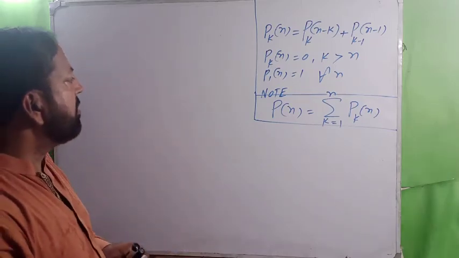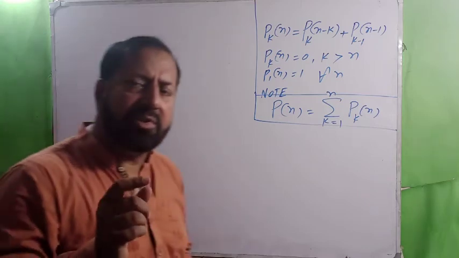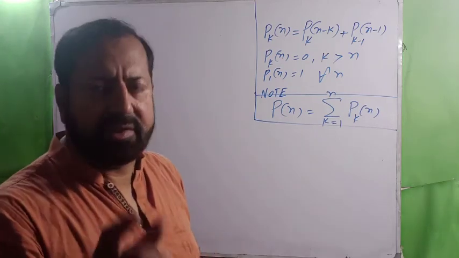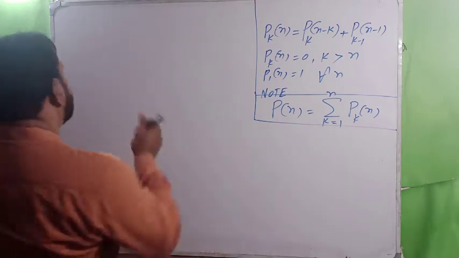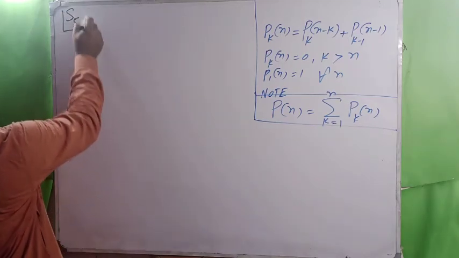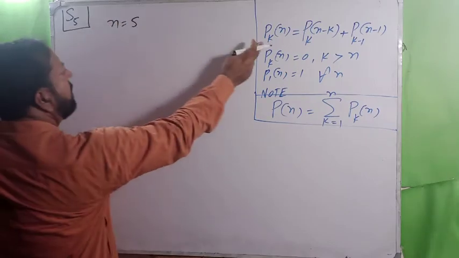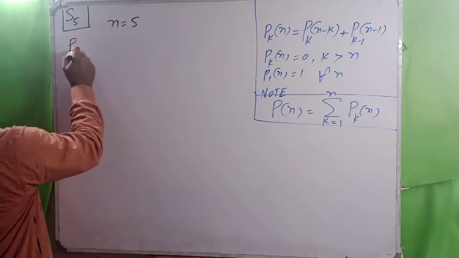Let's try to find P5, because we want to discuss conjugacy classes of S5. So to discuss conjugacy classes for S5, we take n equal to 5, and from here, what is Pk5?